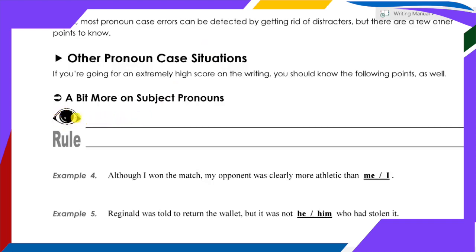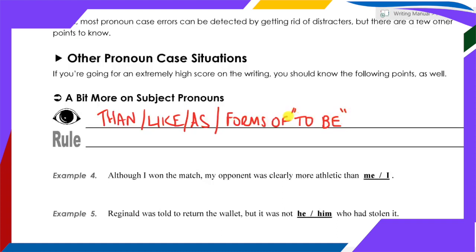The tip-off clue for this particular variation would be the words than, like, as, and forms of to be. Than, like, as, forms of to be.